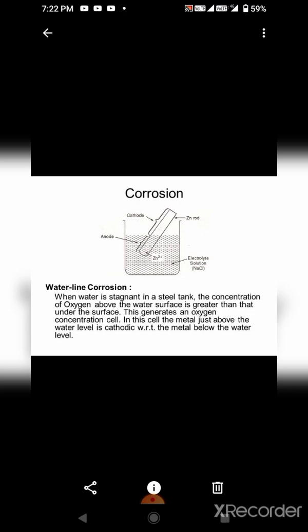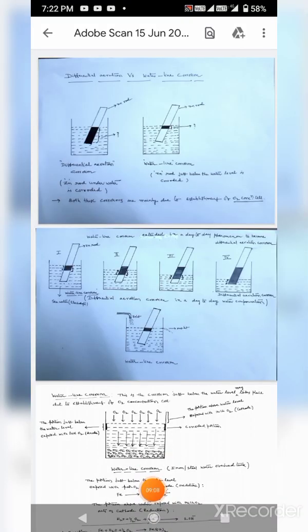So I will show a diagram to show you the difference between differential aeration and waterline corrosion. See, here in the first diagram is differential aeration corrosion, and in the second diagram is waterline corrosion.